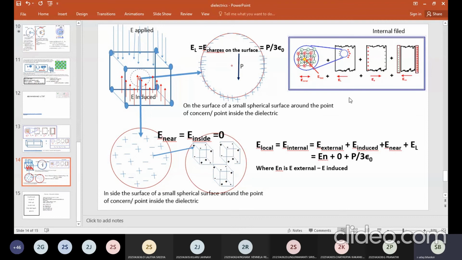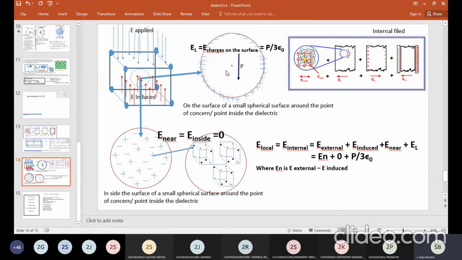So the third term: I know E external, and then E induced, plus the field because of the charges on this surface. Because of these charges I have an electric field which is P by 3 epsilon naught, where P is the polarization vector. You call this EL.